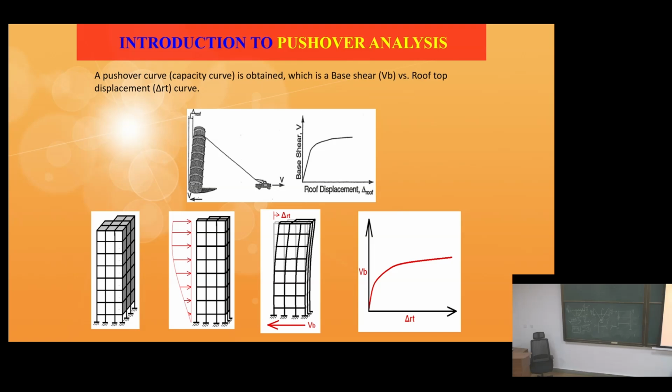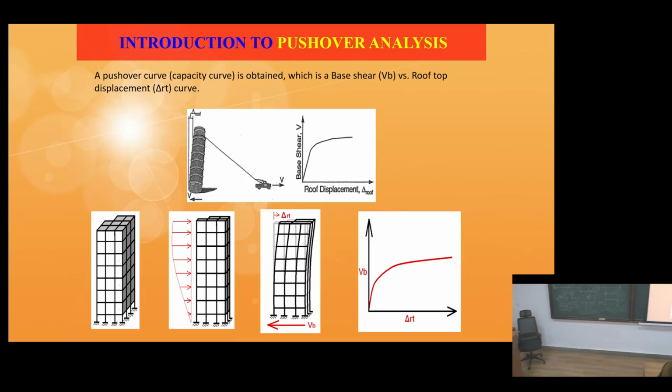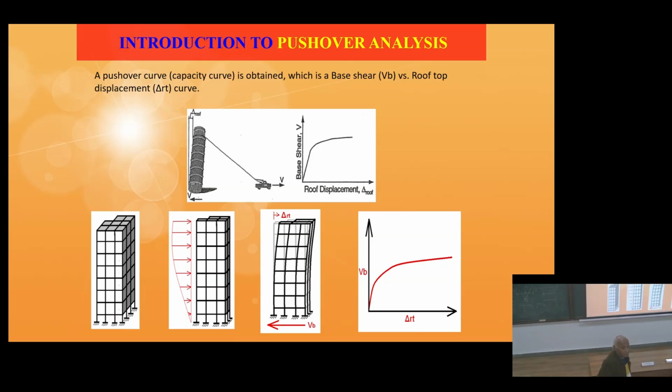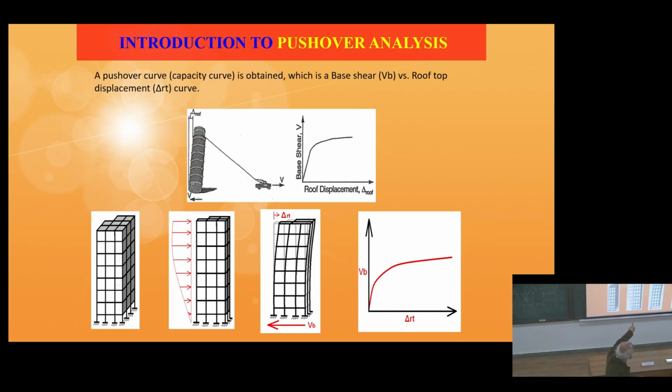Now, when it is given a force over there, you can see at the base there is an opposite force, V B, acting. So you can plot base shear versus roof displacement. As the roof displaces more, you will require more force, and whenever there is more force, there will be more reaction over here.